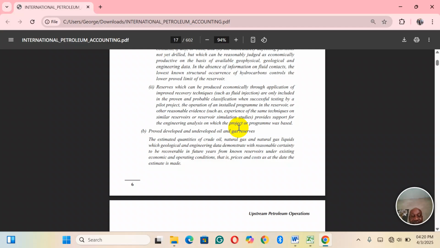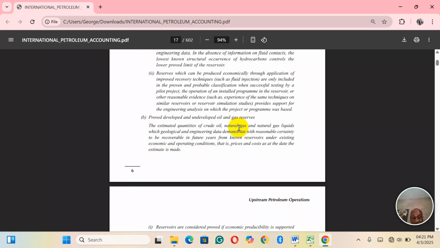And we're also looking at the proved developed and undeveloped oil and gas reserves. The estimated quantities of crude oil, natural gas, and natural gas liquids which geological and engineering data demonstrate with reasonable certainty to be recoverable in future years from known reservoirs under existing economic and operating conditions, that is, prices and costs as at the date the estimate is made.